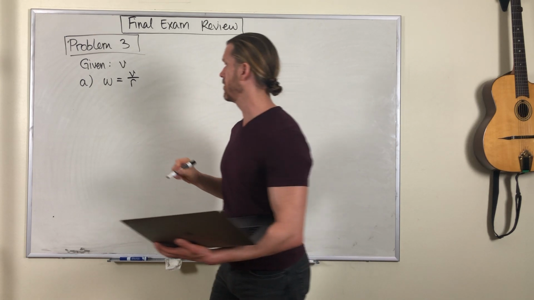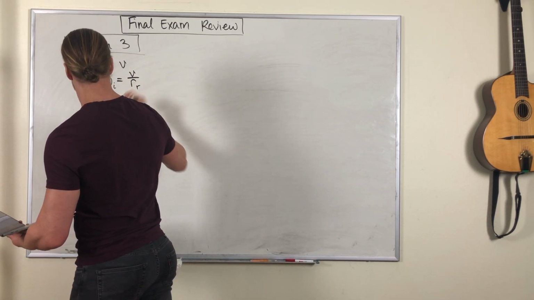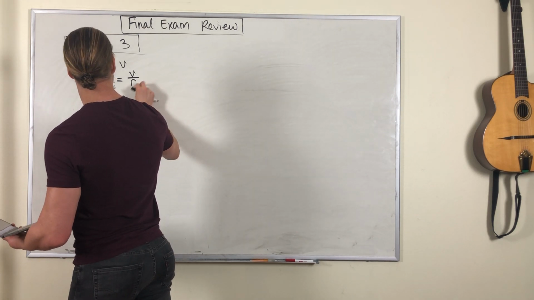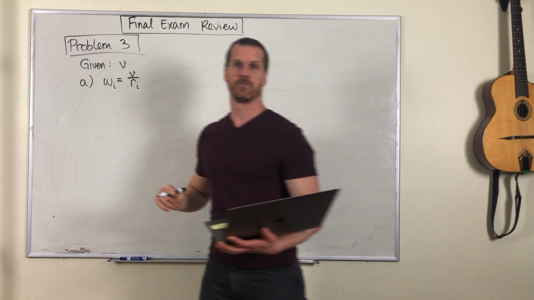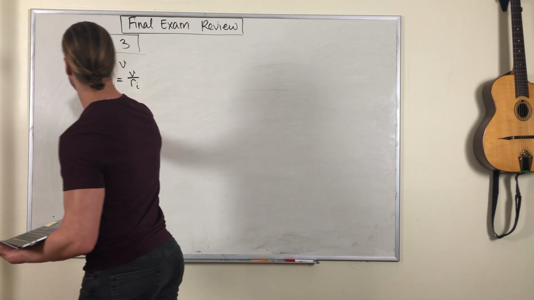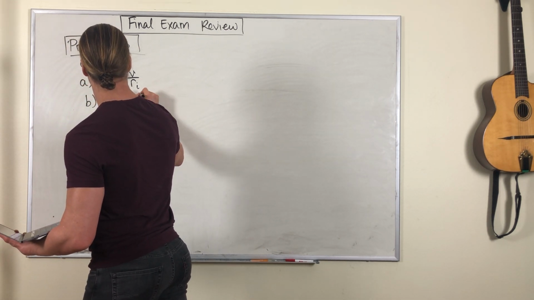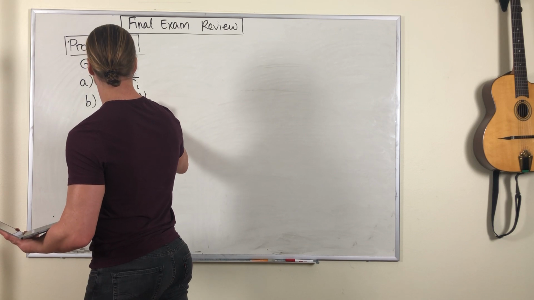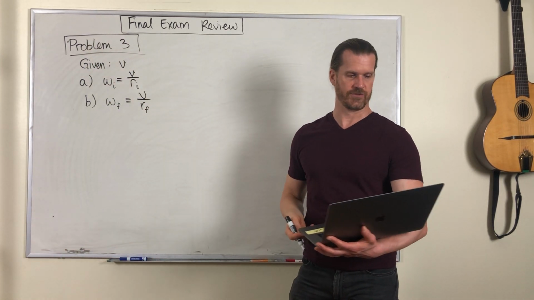Omega is V over R. And so at the beginning, we'll just put in that initial value for the radius they tell you in part A. And same thing in part B, the outer edge of the disc, that same speed is constant, and we use the radius of the outer edge of the disc.